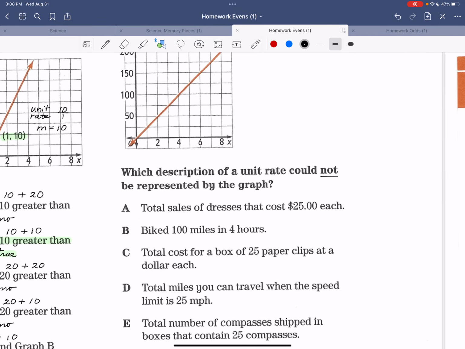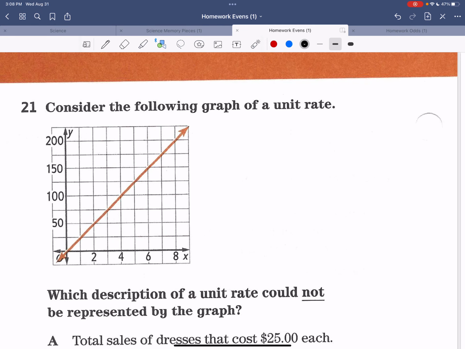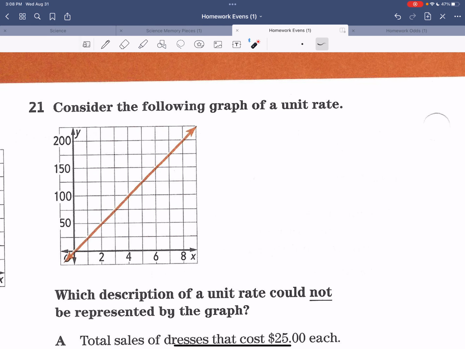Okay, number 21. Consider the following graph of a unit rate. So they're saying that if you go over 1 and up 1, there's your unit rate. So I would really like to know what that really is, and it's 25. So over 1 up 25, the unit rate is 25 to 1.